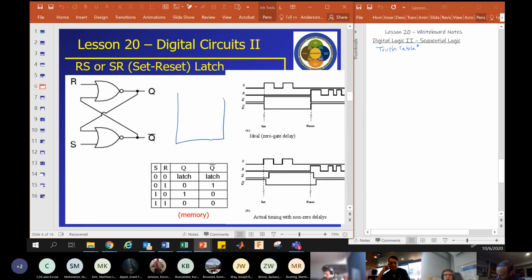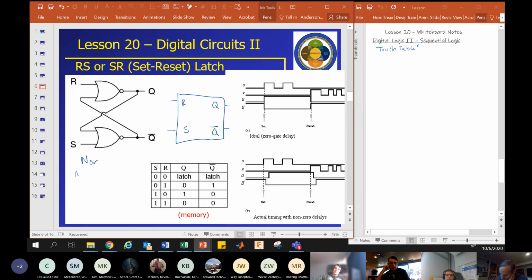So we had this diagram of the latch: R, S, Q, not Q, and we have inputs and we have outputs. This is a NOR, and the way a NOR works is like it sounds. So let's write a truth table for the NOR.